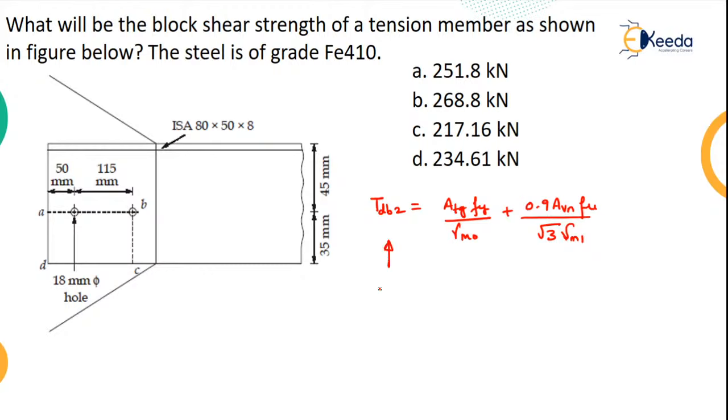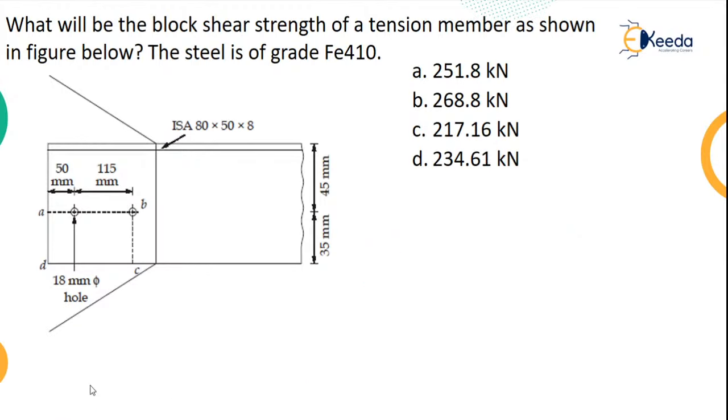Right. Now what is this? This is nothing but your tension yield. So you have to calculate shear yield as well as tension yield. The first one is shear yield, and there the tension fracture will be there, and in tension yield you will have shear fracture.